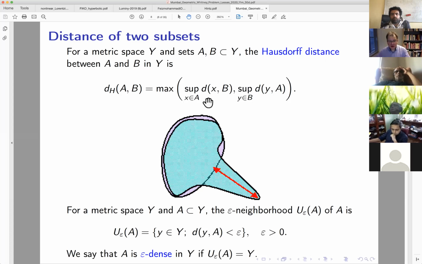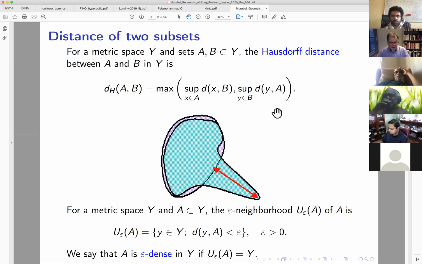This first function here is the maximal distance of points in A to all points of set B. And then we have the symmetric supremum where roles of A and B are changed. So like in this picture, if we have these two sets, the Hausdorff distance is realized by this arrow that measures the distance of the point here that is very far away to the other set.